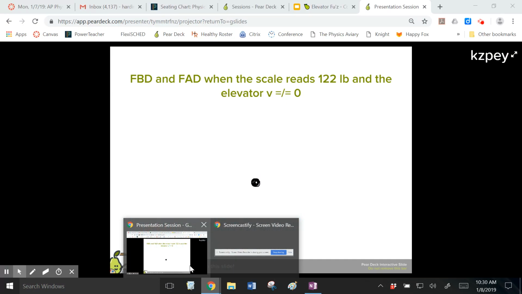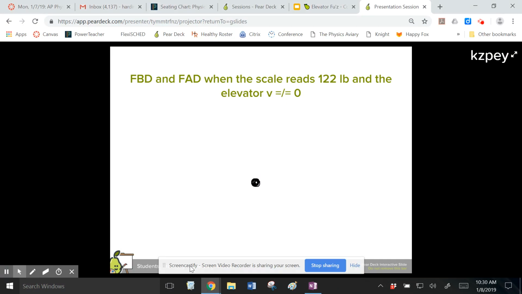So what about this next part then? Now we're in a situation where the scale reads 122 pounds. And it's slowing down to a stop.